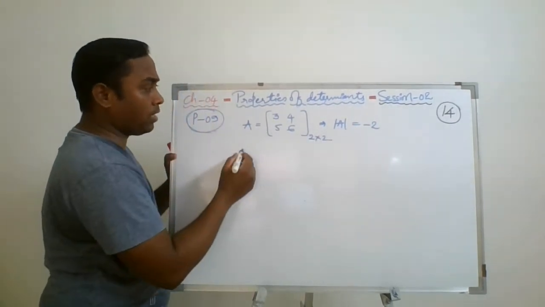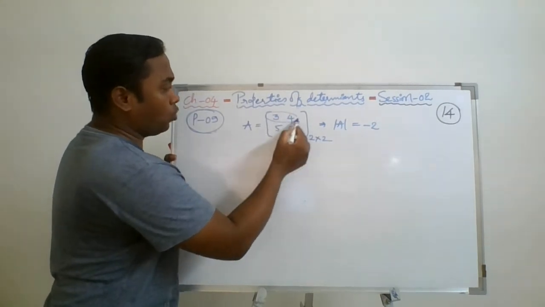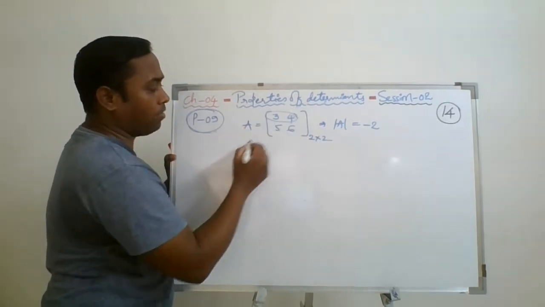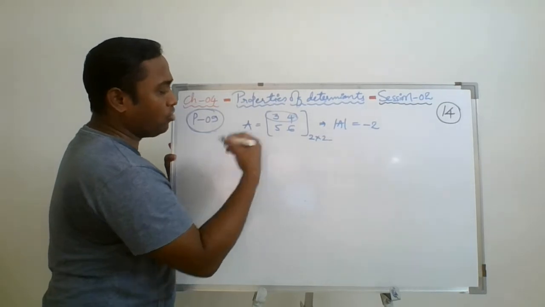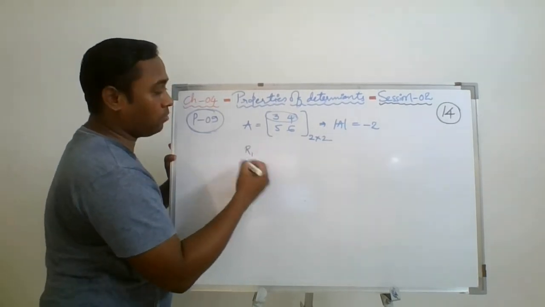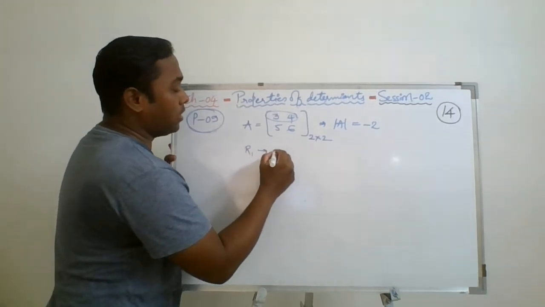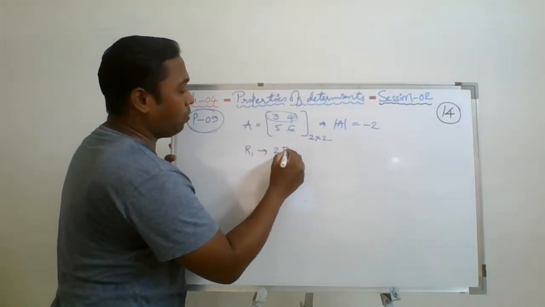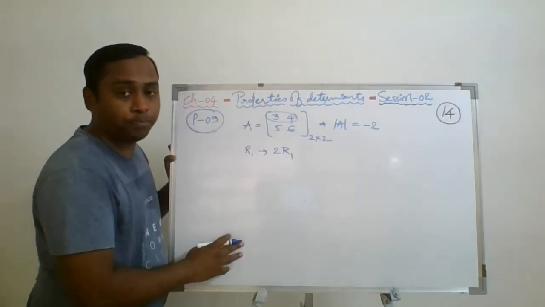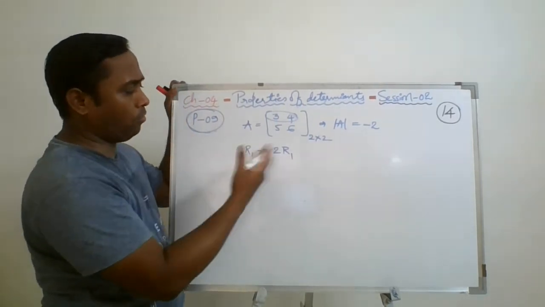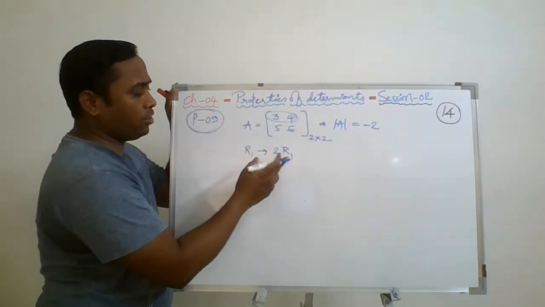Now, let us say I take the entire row 1. I changed row 1, a row operation, which you have already used in the matrix chapter. Row 1 changes just by multiplying its elements by 2, or you may also take 3, 4, 5, whichever constant we like.